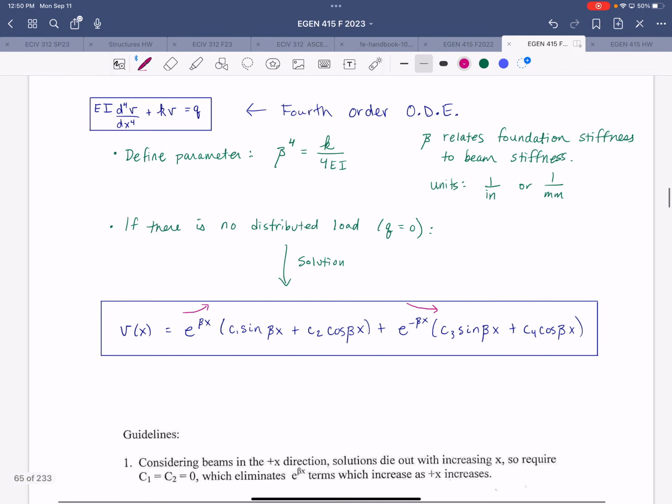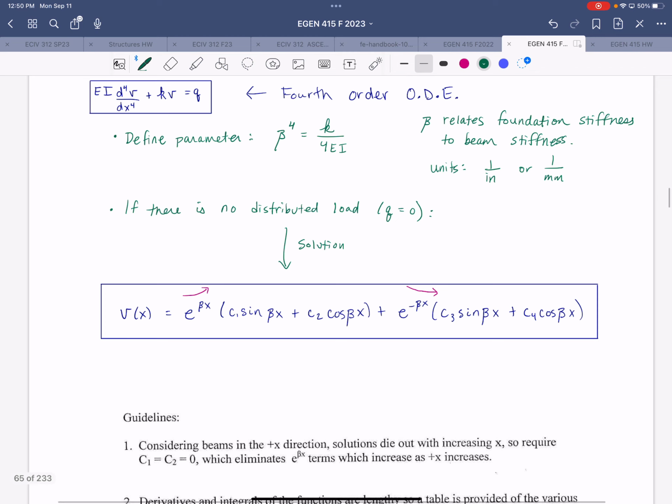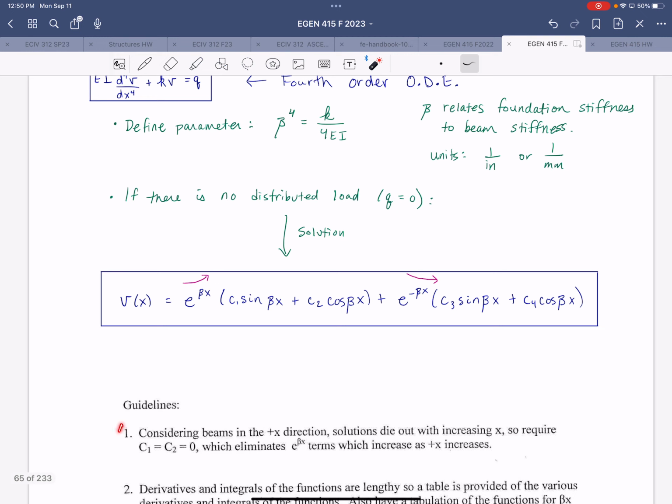And the rationalizing of that mathematically comes through boundary conditions. So it's explained down here in the first note. Solutions will die out with increasing x. So if we set those constants C1 and C2 equal to 0, so we have 4 constants, we say those are going to essentially be 0 for practical purposes.